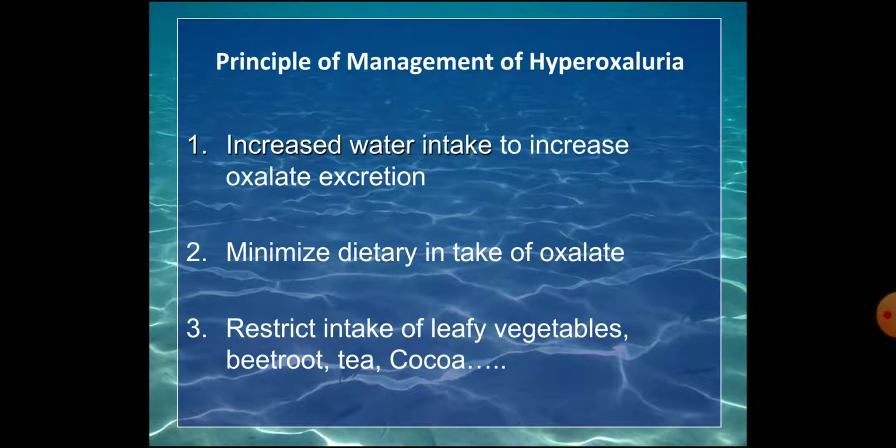Oxalates are seen in plenty in vegetable diets, that is, fibers and all contain plenty of oxalate. So restrict that type of diet. Restrict the intake of leafy vegetables, beetroot, tea and cocoa, which contain plenty of oxalates. Restrict these diets and also drink plenty of water so that whatever oxalate is produced will be easily washed off through the urine.